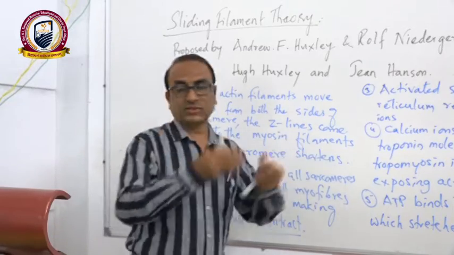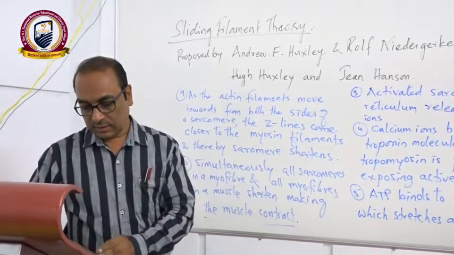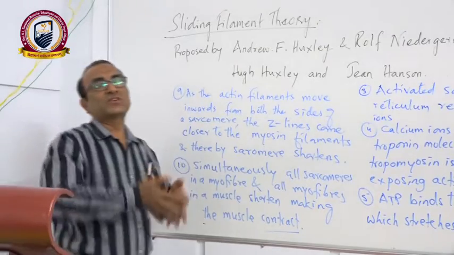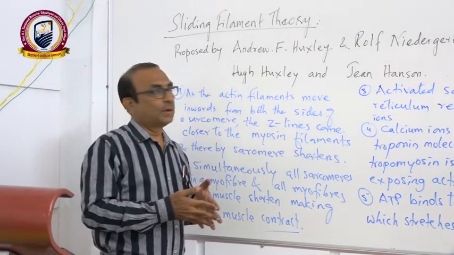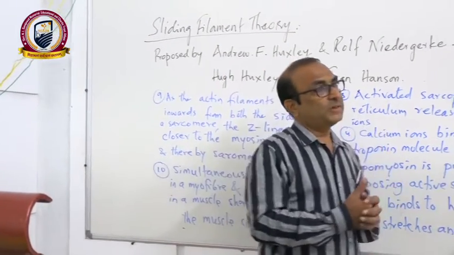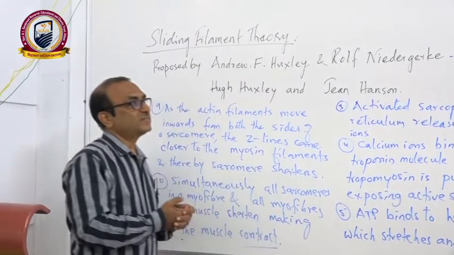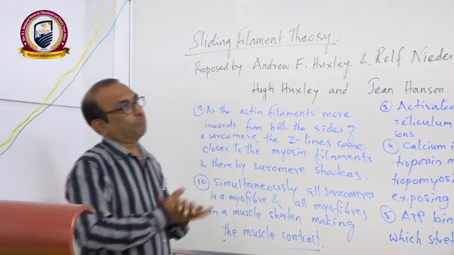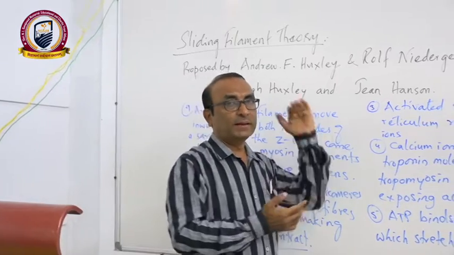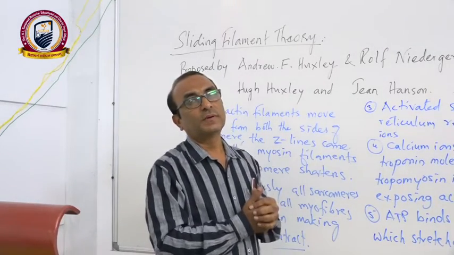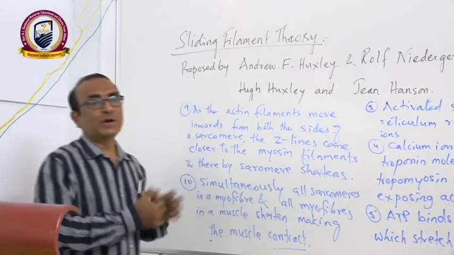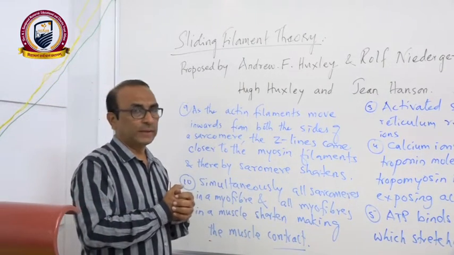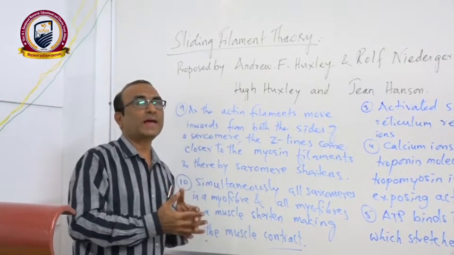Now this is how the contraction is taking place. The muscle is becoming shorter, and how does the relaxation take place? Once the stimulation of the muscle cell by the neuron is stopped, then all the calcium ions are withdrawn back into the sarcoplasmic reticulum, and as a result what happens?